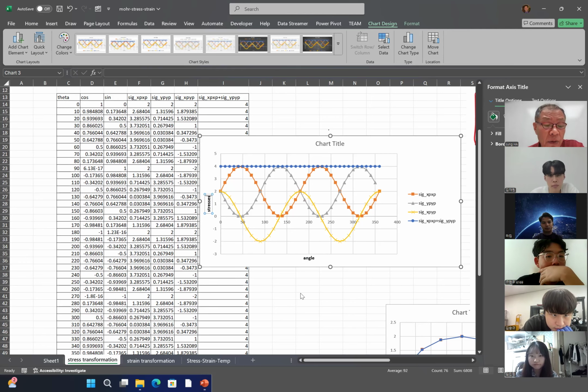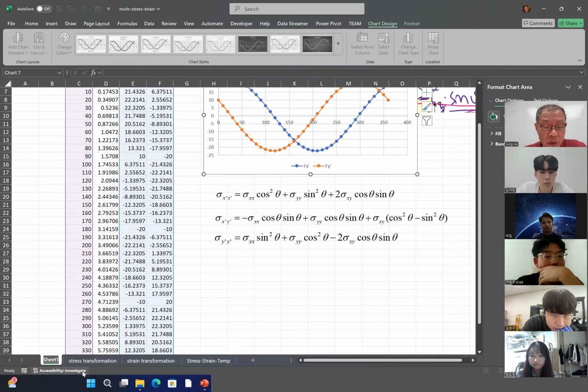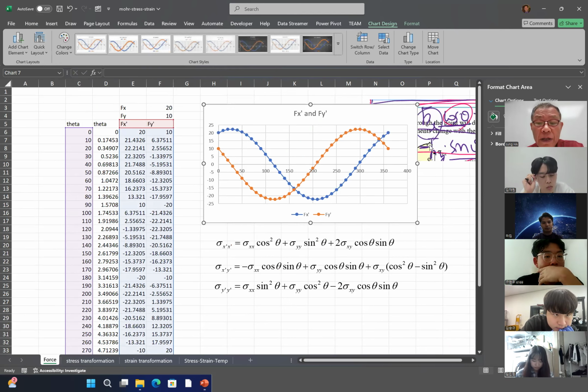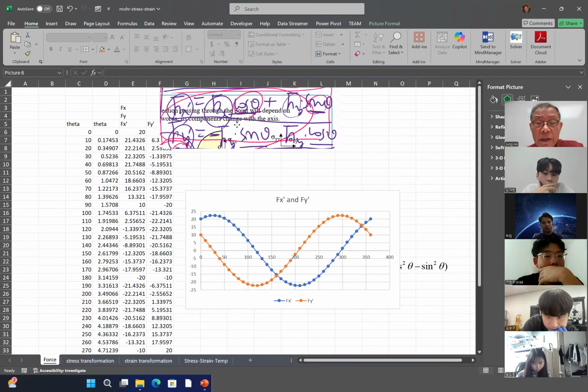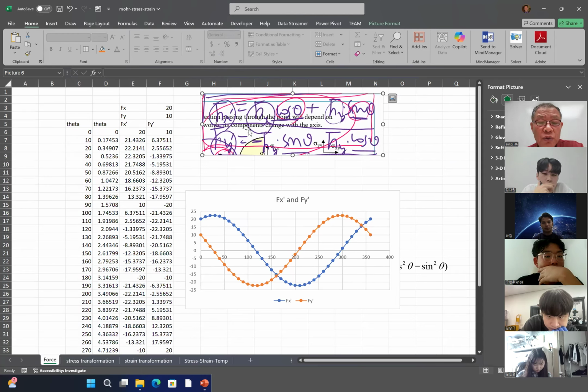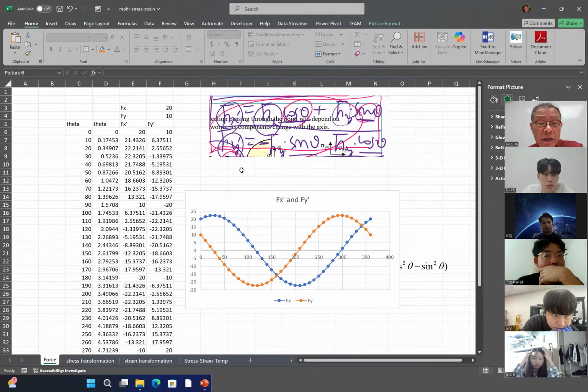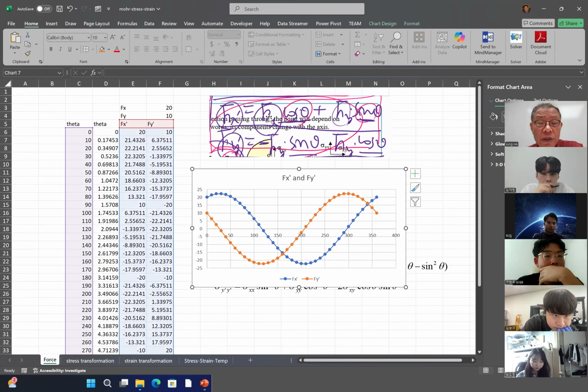Okay. Now, actually, go to the previous vector. I'm trying to get back to a vector transformation. This is a force. We simply know the vector transformation: Fx and Fy, with cosine theta, sine theta, and there's a minus and plus.